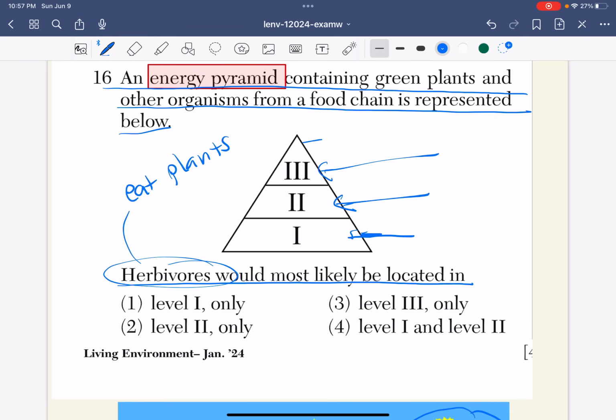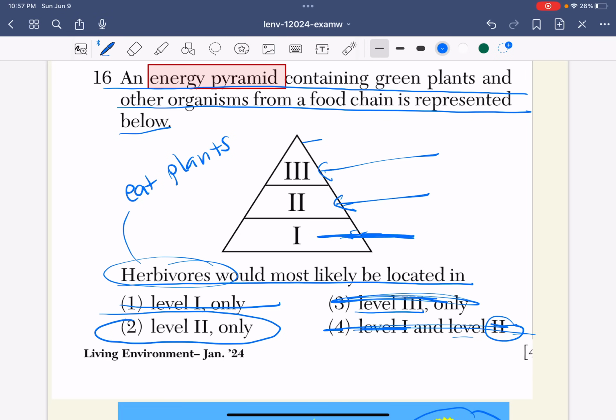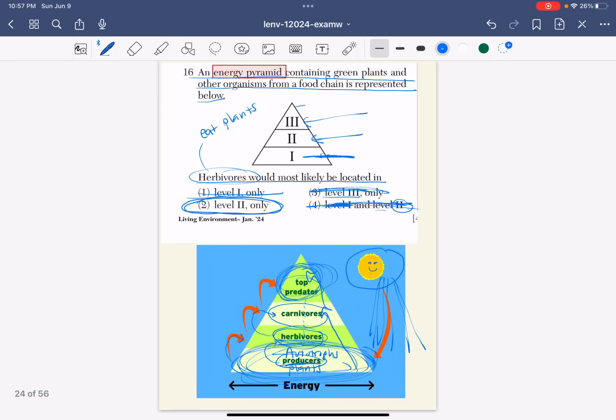The best answer for 16 is 2, level 2 only, not level 1. Level 1 is autotrophs, producers. Level 3 are carnivores. So the best answer is only level 2.